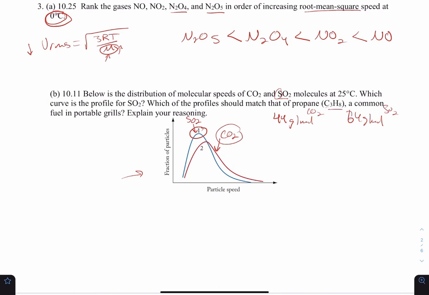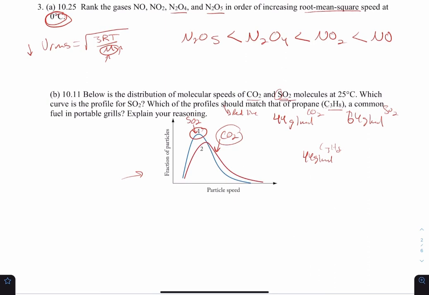That's 36 plus 8, about 44 grams per mole for C3H8. So I would expect the red line here, the one for CO2, to match that of propane, because their weights are relatively the same, so the distribution of speeds in their gas particles should be about the same.